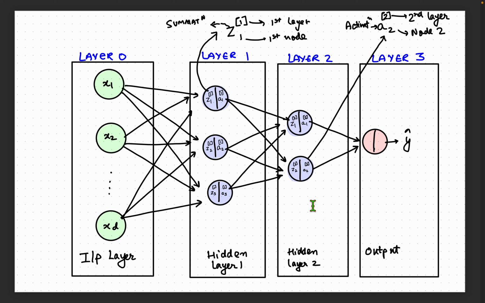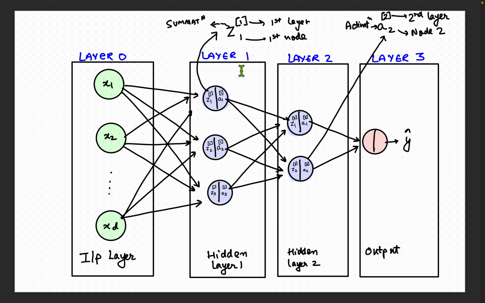So here we are going to introduce a convention. If you focus on the top, we are going to call the first node of the first layer z subscript 1, z superscript square bracket 1, right? So the superscript is denoting the layer and the subscript is denoting the node, right?